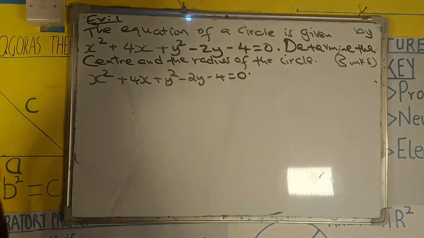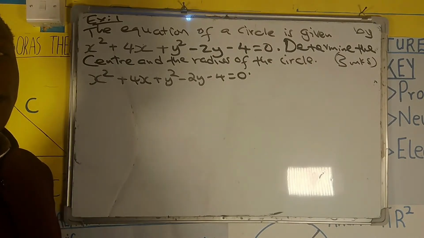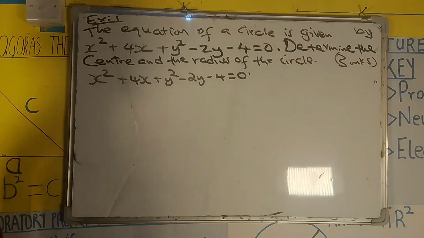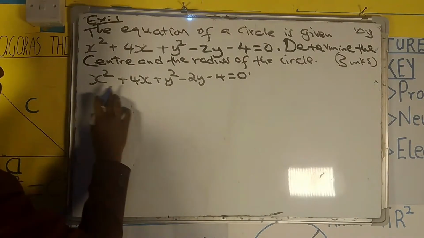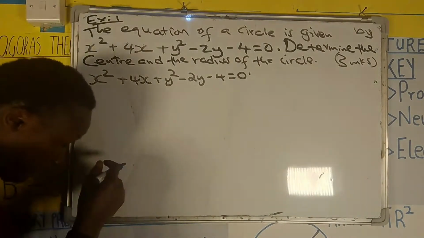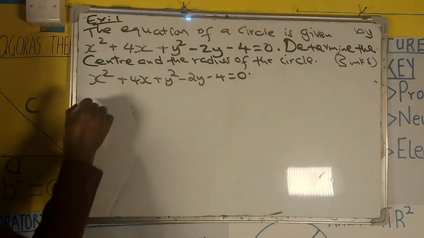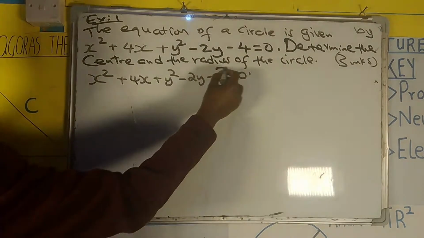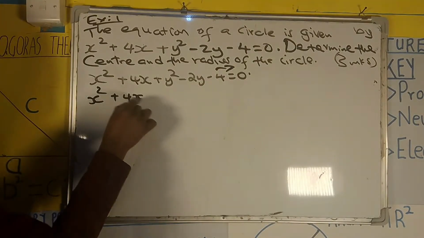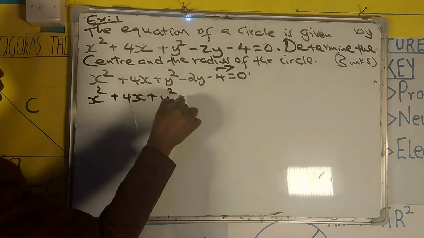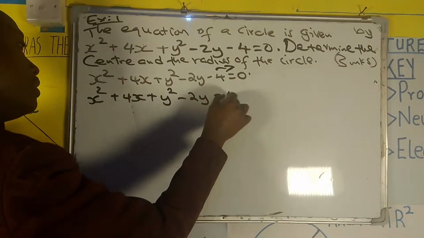In this case, we are going to put the like terms together, and we will take this to the other side and have x squared plus 4x plus y squared minus 2y is equal to 4.